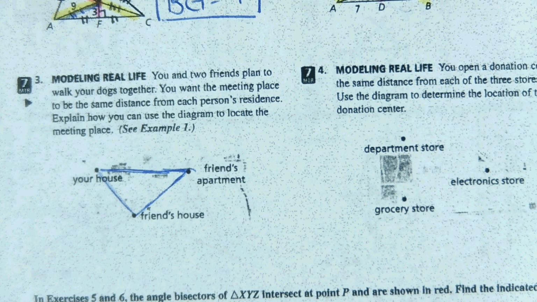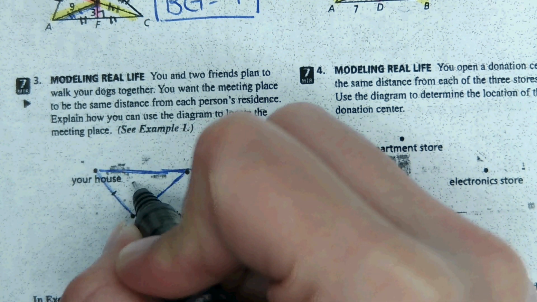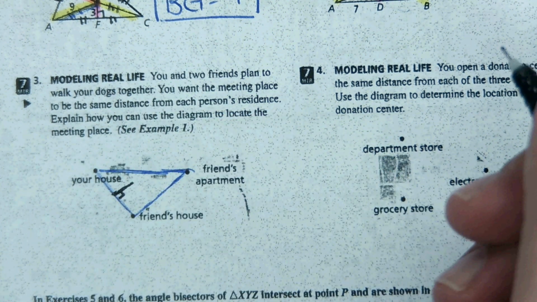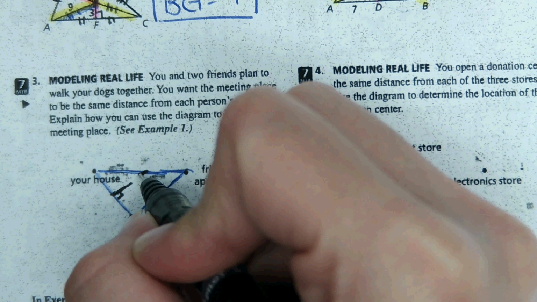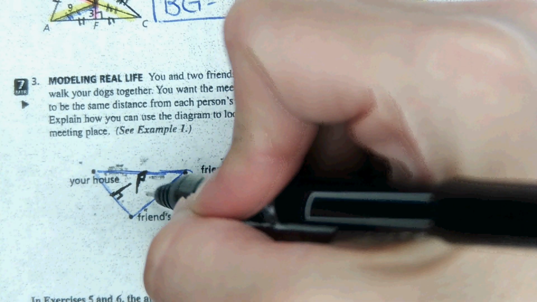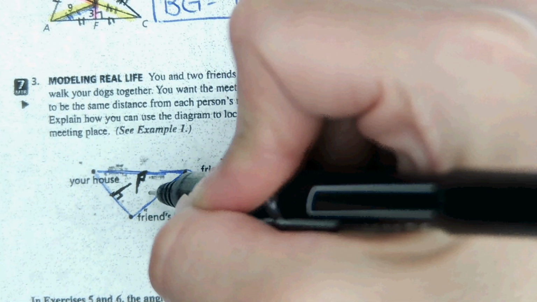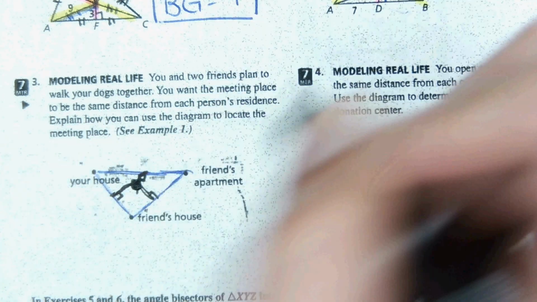Okay, so what we're going to do is draw perpendicular bisectors of each segment. So I'm going to just eyeball the middle and draw a line that's perpendicular to that. Eyeball the middle of this segment and draw a line that's perpendicular. And then eyeball the middle of this segment, draw a line that's perpendicular.